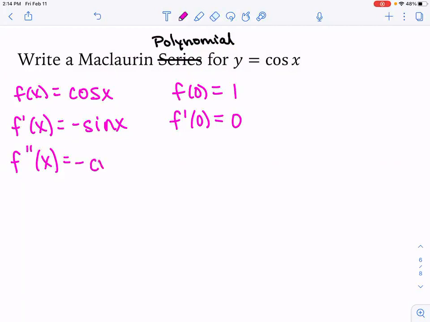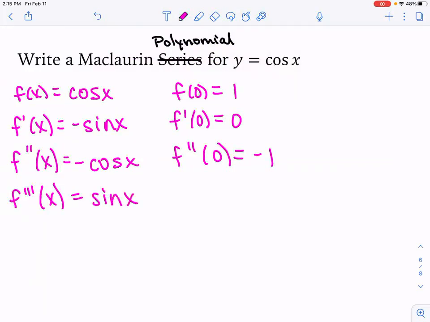Second derivative would be negative cosine of x. Evaluated at 0. You're getting excited, right? Third derivative is sine of x, evaluated at 0, is 1.